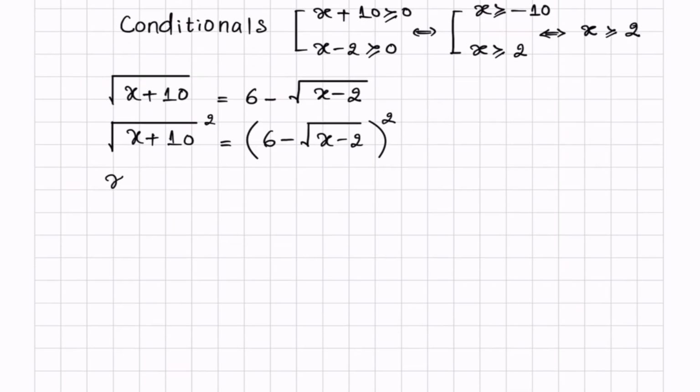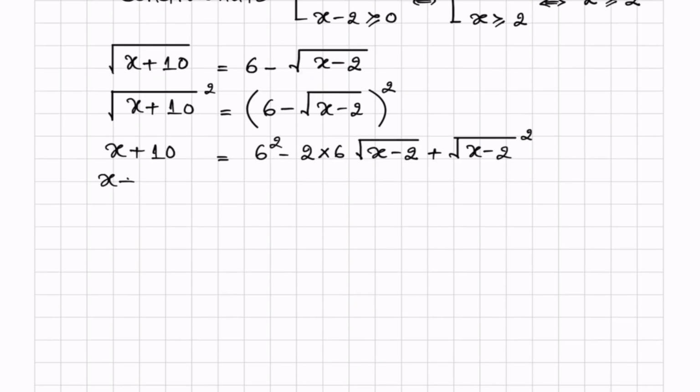Then we get x plus 10 equal to 6 squared minus 2 times 6 times the square root of x minus 2 plus the square root of x minus 2 squared. Then x plus 10 equal to 36 minus 12 square root of x minus 2 plus x minus 2.